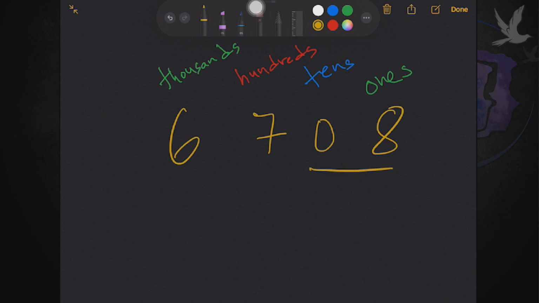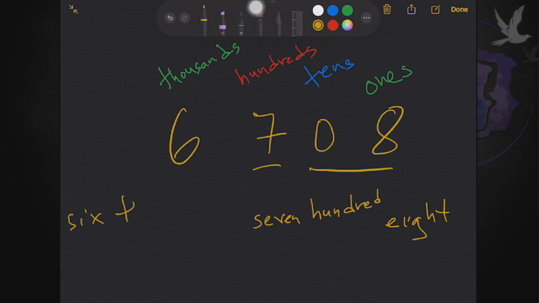Noticing our best friends, tens is missing, so only ones is given, which should only be read as 8. And in the hundreds, we have 7, so that should be read as 7 hundreds, or just hundred, sorry, without the S. And also for the thousands, we have 6. Then we add 1,000 to it.